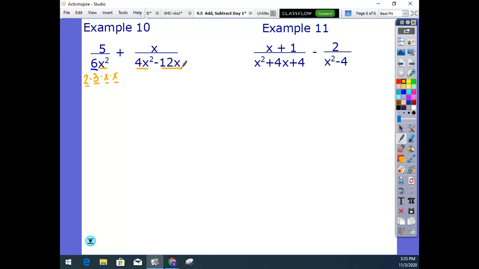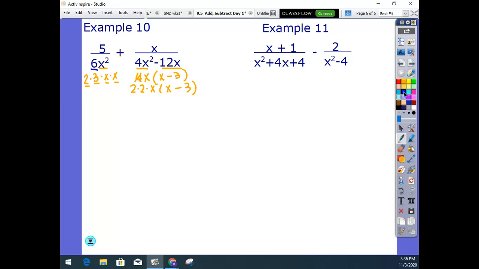Here, there's a GCF, 4 times x. If I divide out the 4x, I get x minus 3. Now let's think of 4 though. 4 you want to think of is 2 times 2 times x minus 3.